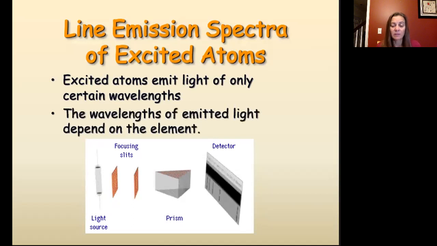Those wavelengths of emitted light are different for each element. Even if we have green and yellow and purple in two different elements, they're going to be slightly different greens, slightly different purples, with different wavelengths. And so they're giving off a different spectrum.